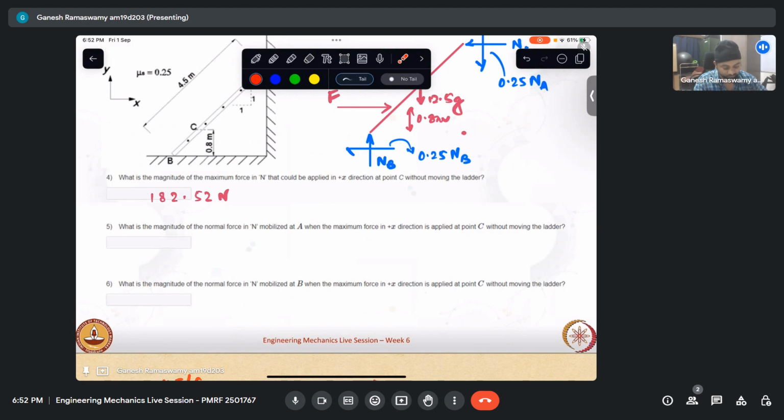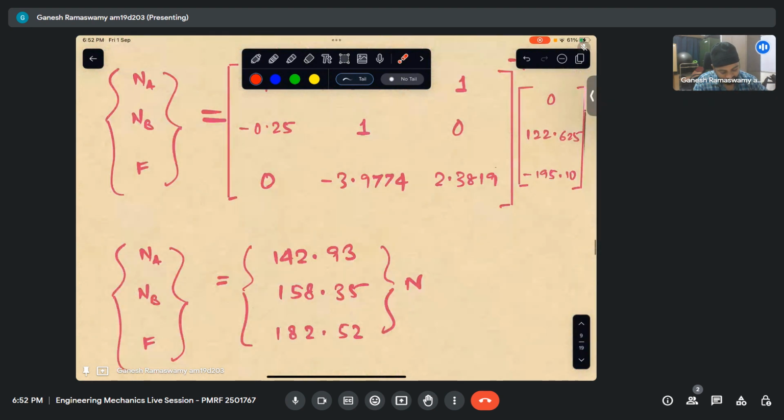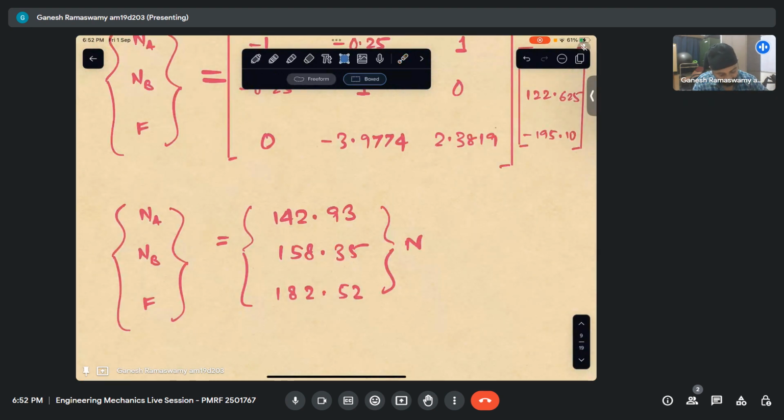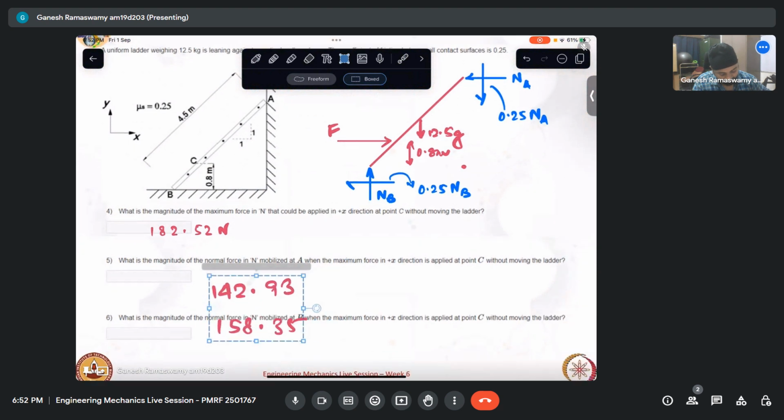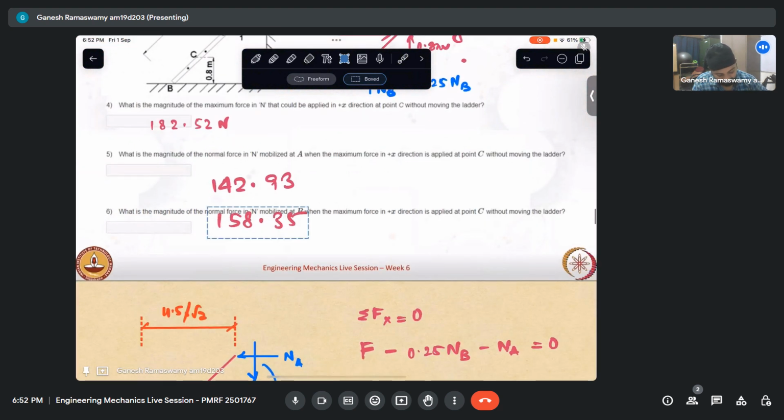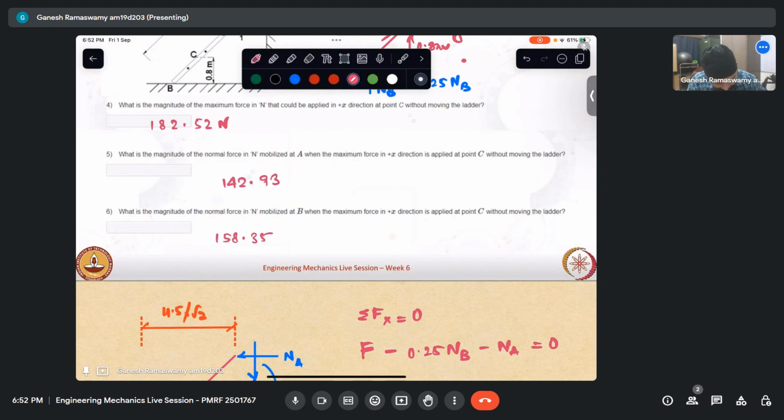So these two forces, Na and Nb, we have got here. This is Na, this is Nb. F max is 182.52 Newton, Na is 142.93 Newton, Nb equal to 158 Newton. So we have got all the answers here.